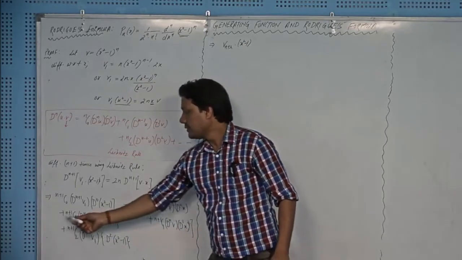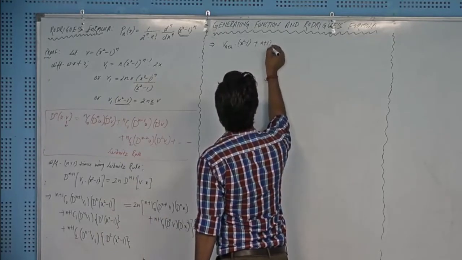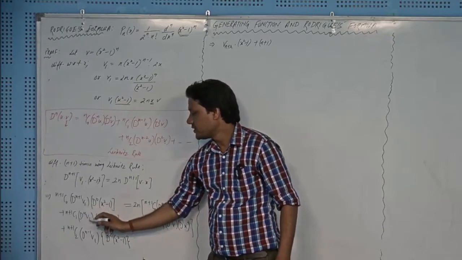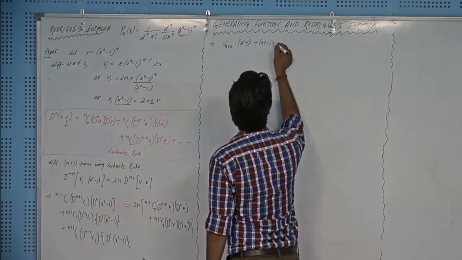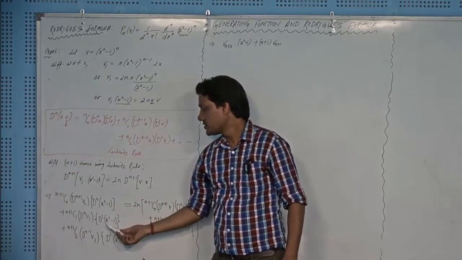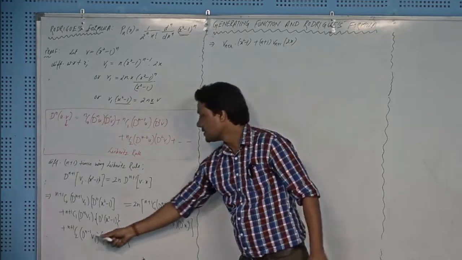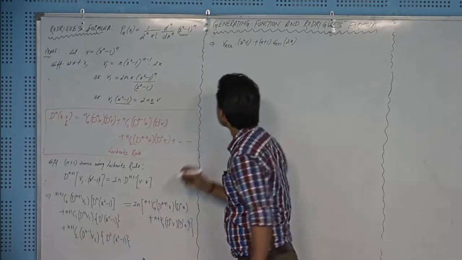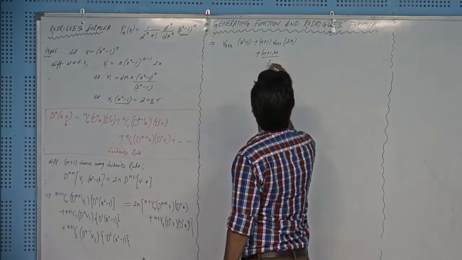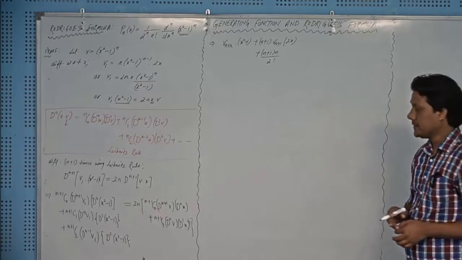On the next term, n plus 1 C1 will be n plus 1, and D^n of v1, this power of D will be added to the suffix, that will become v^(n+1). D1 means differentiate once, this will get 2x. Then n plus 1 C2 will become (n plus 1)n over 2 factorial, right?